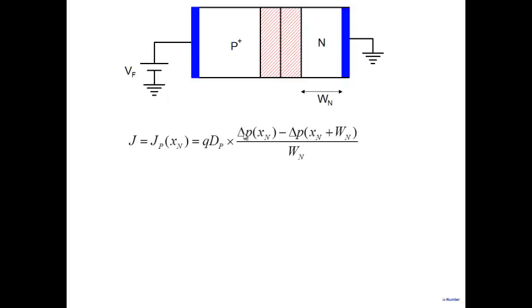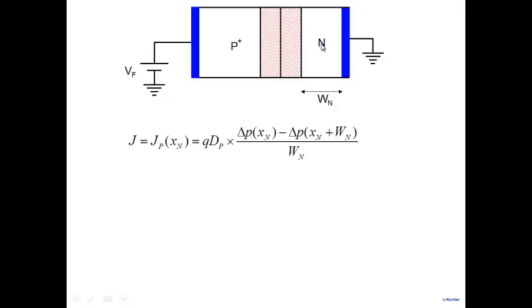So what is the assumption that has been made here? dp by dx assumes the hole density is varying linearly. Why is it varying linearly? Because we are assuming that this is a narrow base diode. Wn is very small compared to the diffusion length, so there's hardly any recombination in the bulk here.